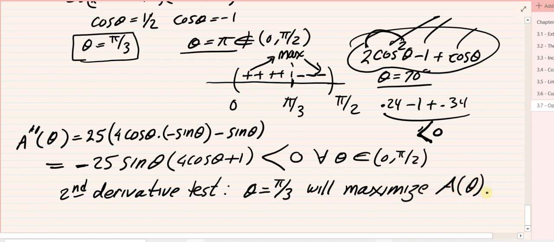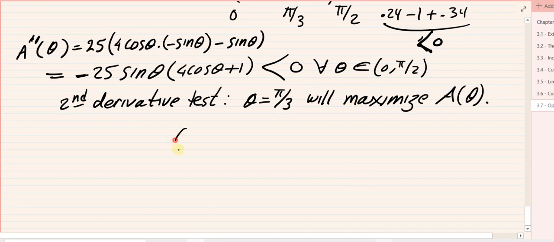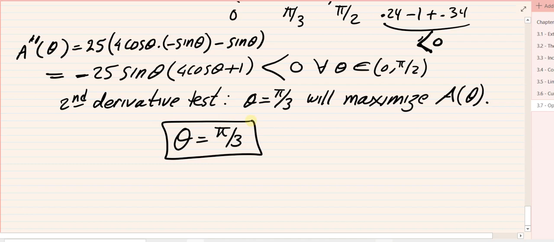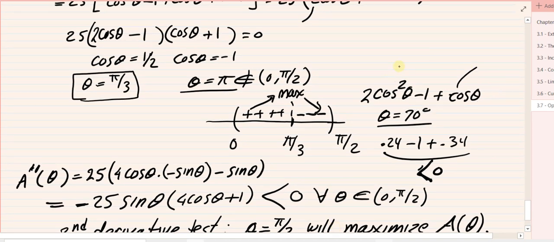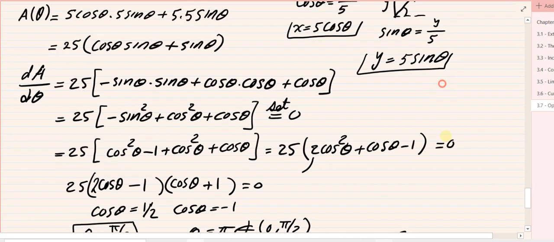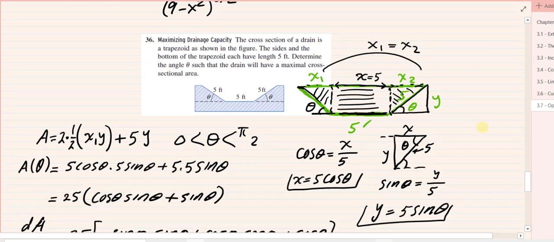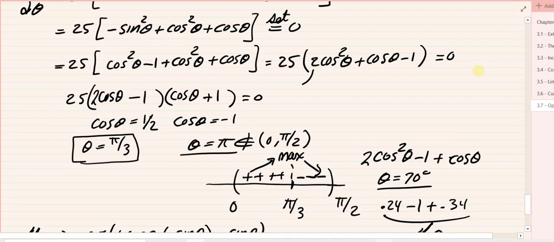Okay, so we have the answer to the question. Therefore, what should the angle be to maximize the flow? Theta has to be pi over 3. Okay, so again, there is a way to avoid using first derivative tests if it's kind of messy. And that concludes this exercise.